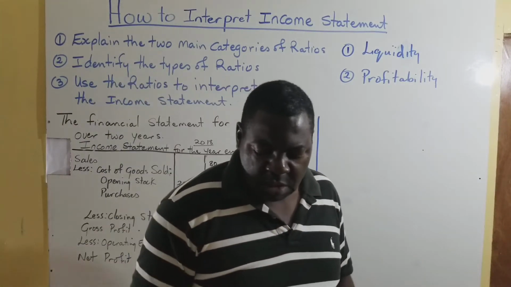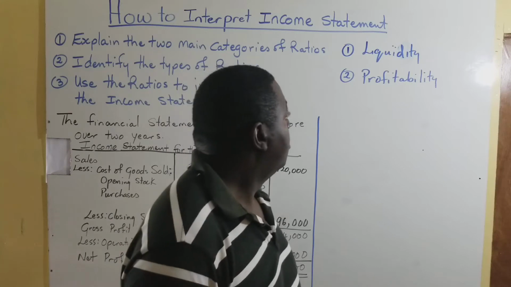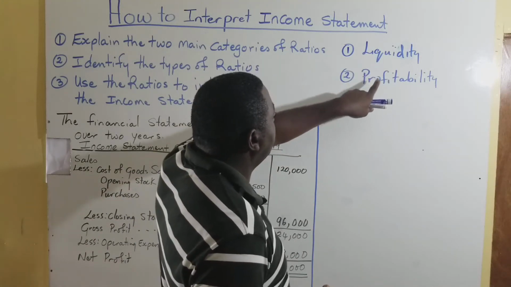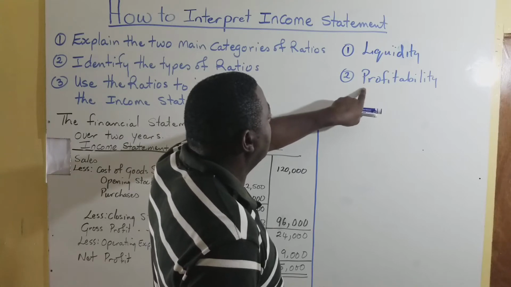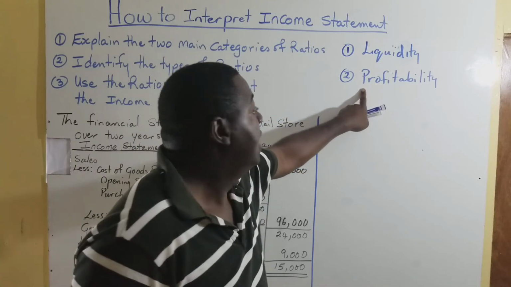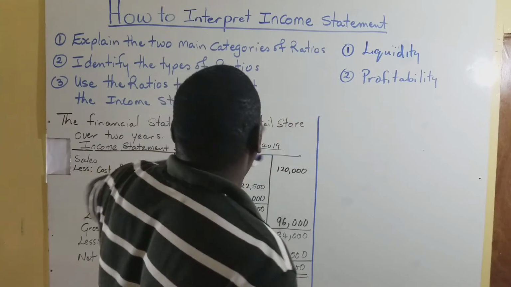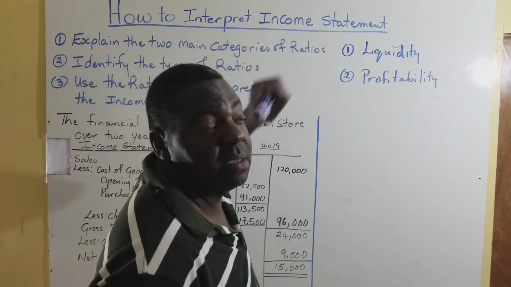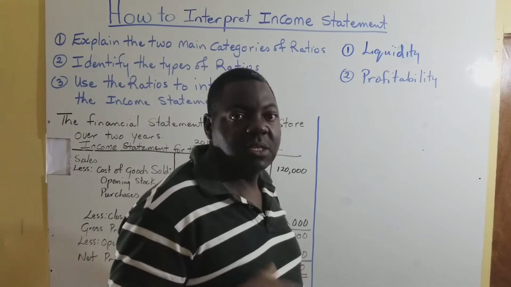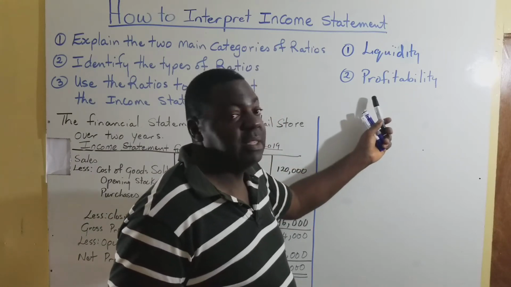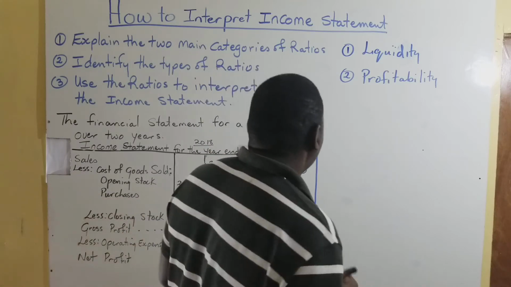So we're going to move on now to look at the types in relation. We're going to focus particularly on profitability ratio. The profitability ratio is used in relation to the income statement. So if we're going to be interpreting the income statement, then we are going to use those ratios relating to the profitability ratio.